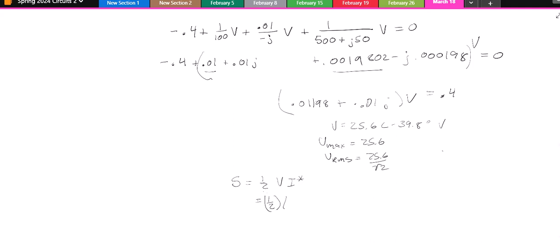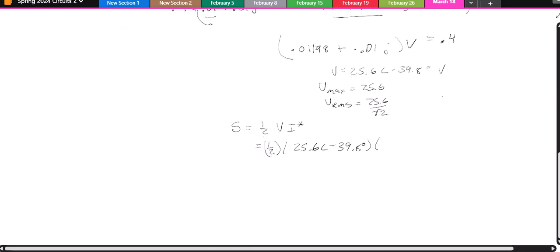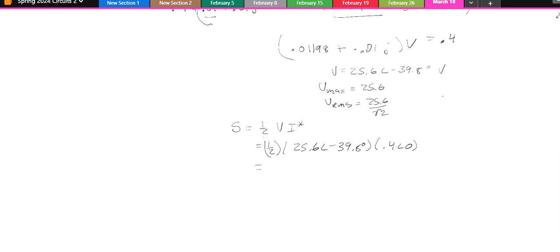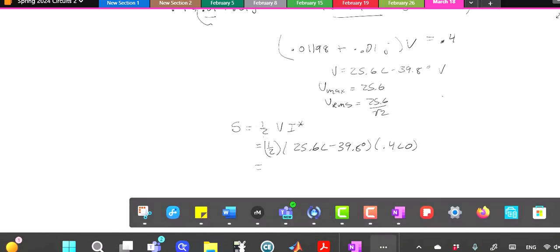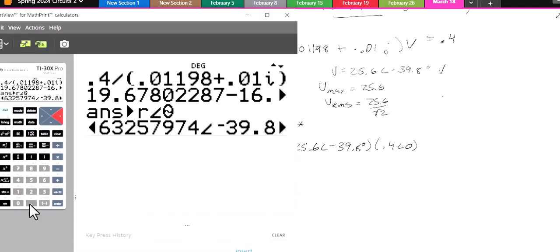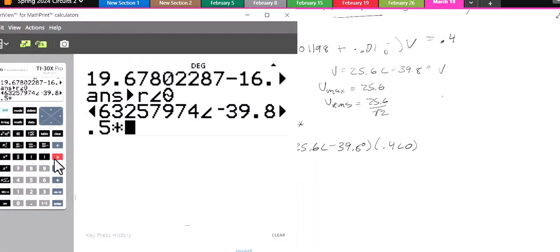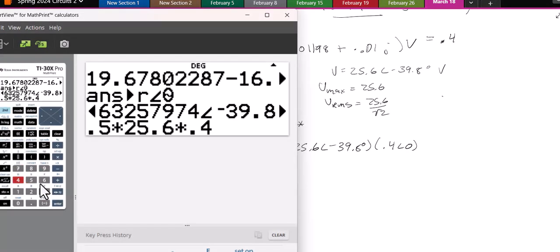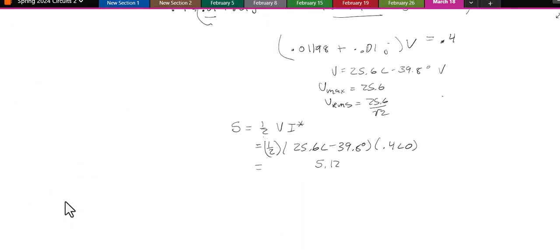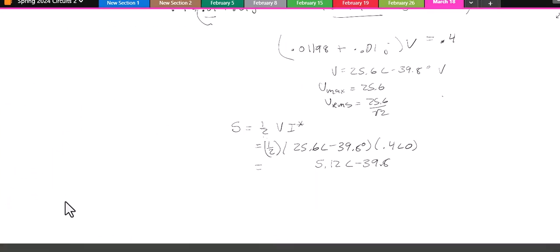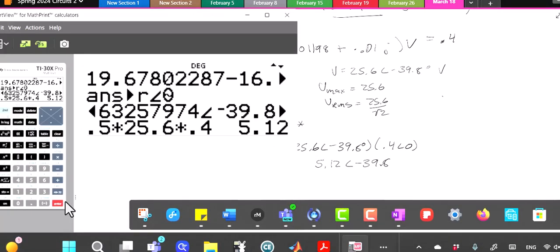And remember, when you multiply phasors, you add the angles, so this would be 0.5 times 25.6 times 0.4, 5.12, angle negative 39.8.